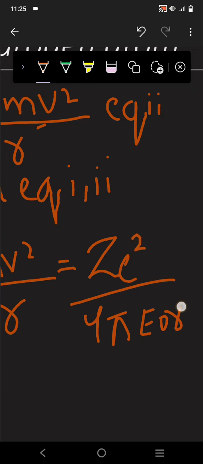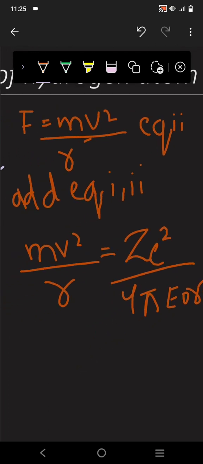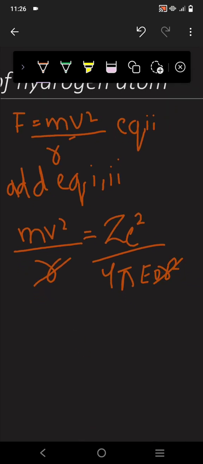Now we're gonna see the values that we can cut. r cuts with one r, and there are 3 r's, so 2 minus 1, that would be 1 remaining. Now v square, m would be going, 1 would be shifted here.